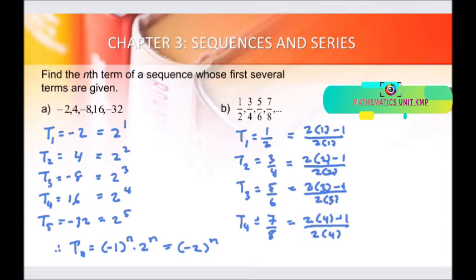And now we know the pattern and we get the formula in n term. Tn equal to 2n minus 1 over 2n. So the value of n from 1 until infinity.